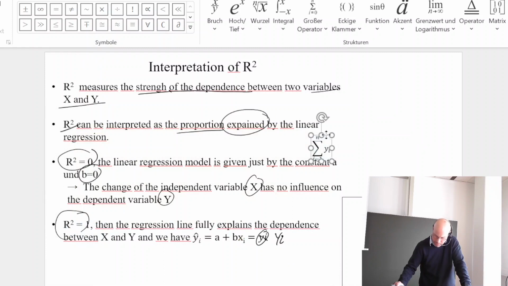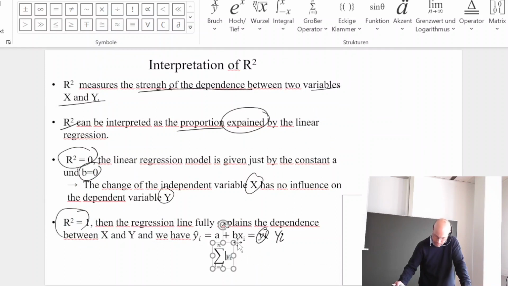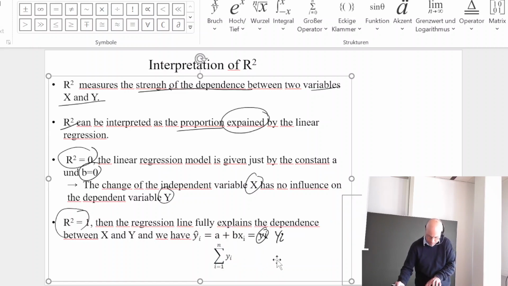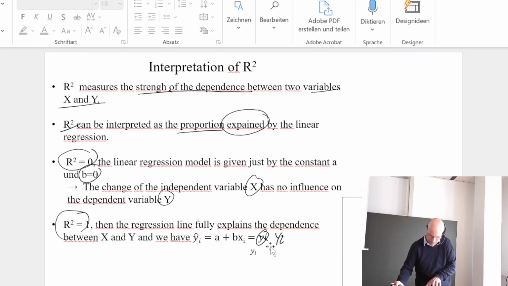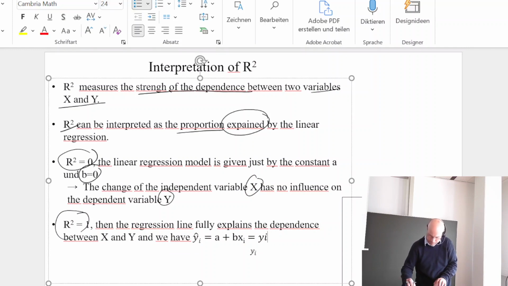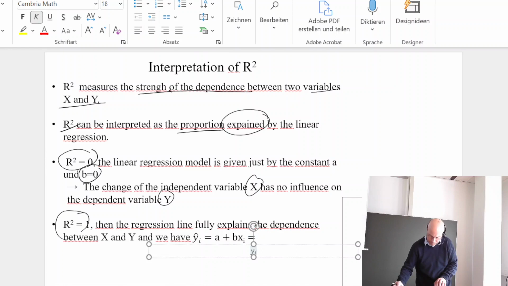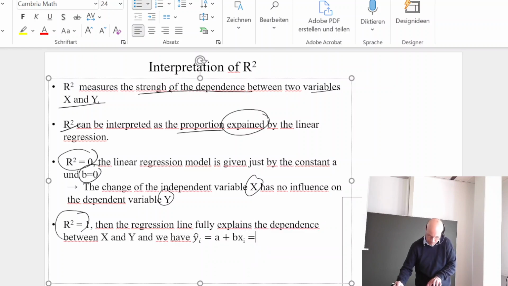Let's take this, and here I have my y_i. There it is.